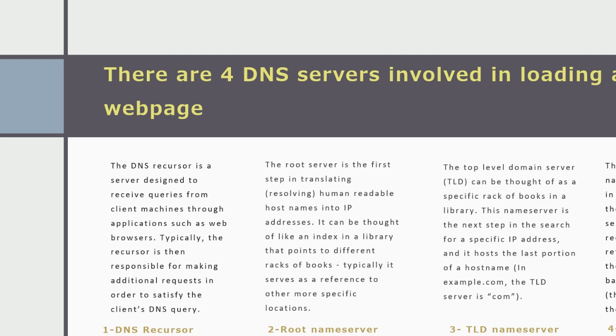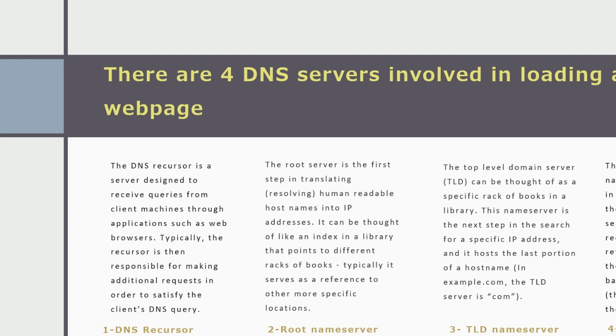The third server is the TLD name server. The top level domain server, TLD, can be thought of as a specific rack of books in a library. This name server is the next step in the search for a specific IP address.